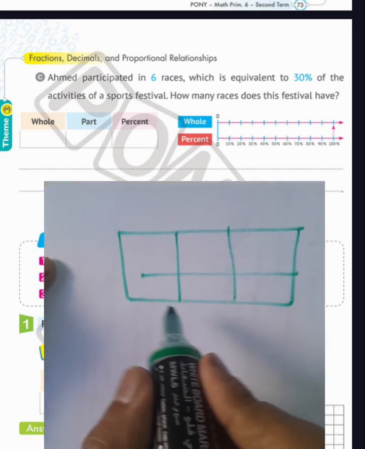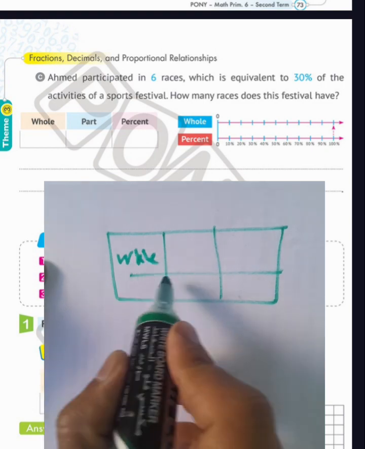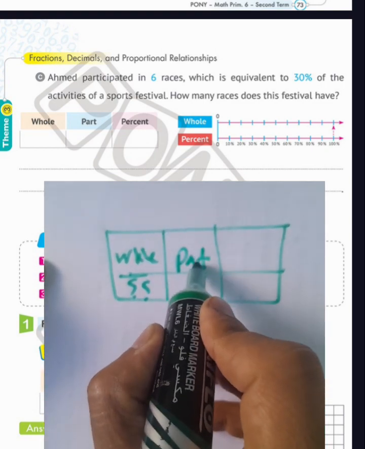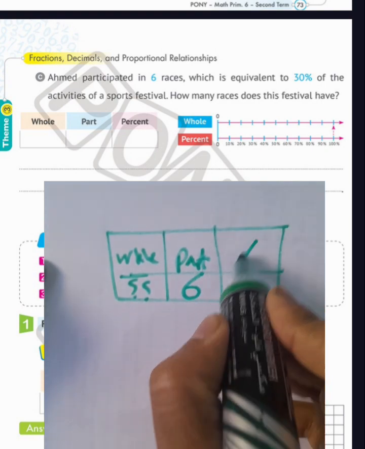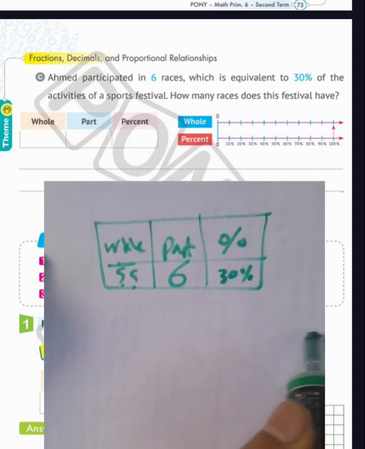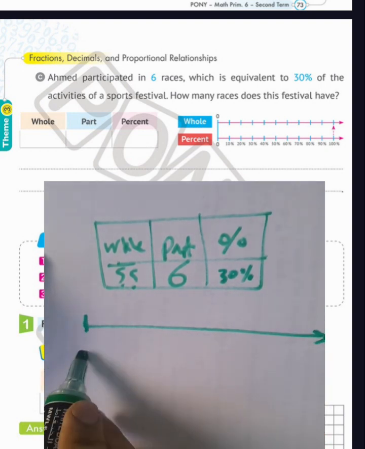He wants to find the whole number, and gives us the part, 6, and the percentage, 30%. We want to find the whole number here.